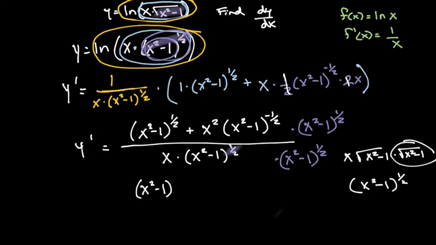I'm just going to leave that. And then I'm going to have x squared multiplied by a negative 1/2 power and a positive 1/2 power. Those have the same base, so I'm just adding my exponents, which would be a 0 exponent, and anything to the 0 power is 1. So that's just going to cancel out.